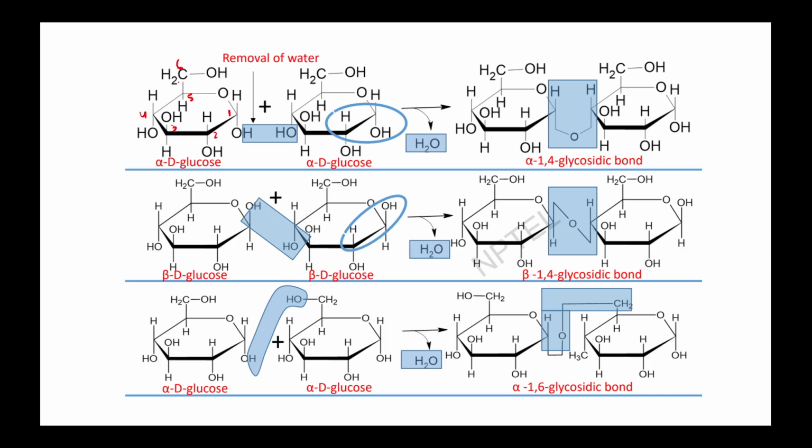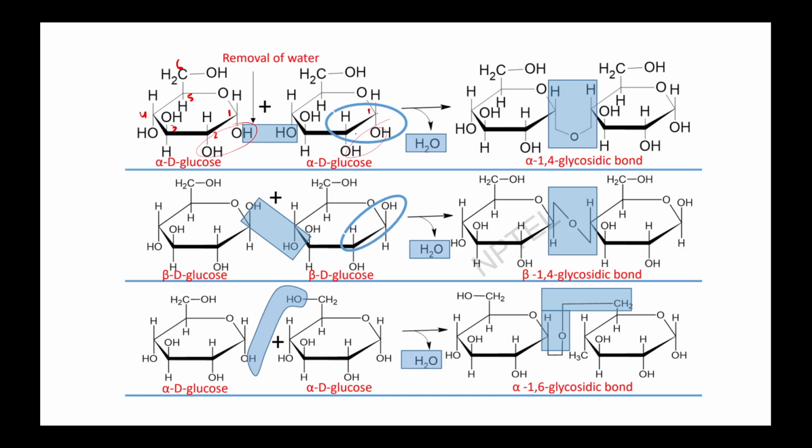and sixth carbon. Alpha glucose is when the OH groups on the first and the second carbon are on the same side. In these, you can see the OH groups are on the same side, on the first and the second carbon.